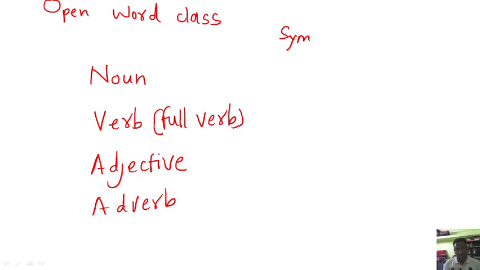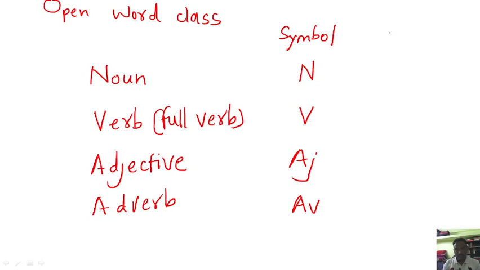To indicate these word classes, we use specific symbols: N, V, A for adjective and adverb. N is capital, V is capital, A is also capital in both symbols.